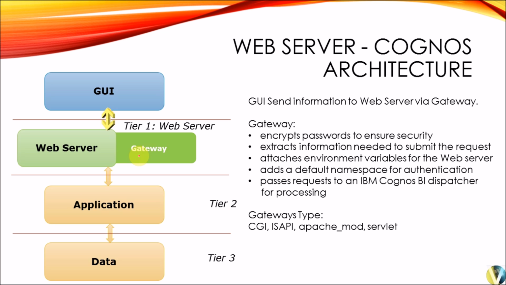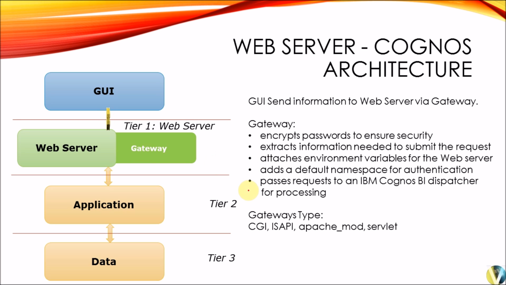The main action item of a gateway is to collect all the user-related information, add additional environment variables, add a namespace for user authentication, and finally pass it to the application server for further processing.